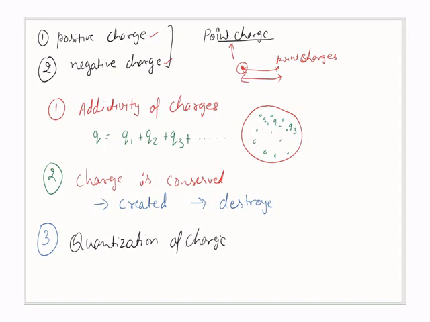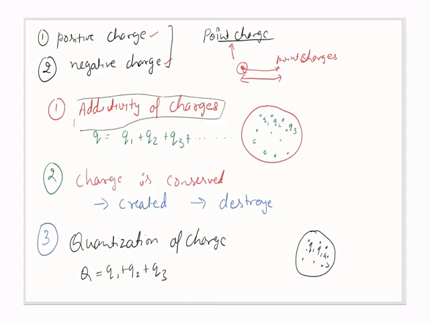For example, if this is a single body and it contains many small point charges Q1, Q2, Q3, the total charge will be Q1 plus Q2 plus Q3. Why? Because of the first property, that charges are additive, right?